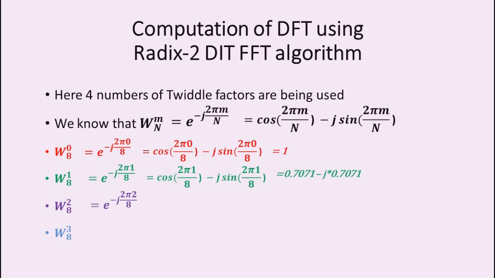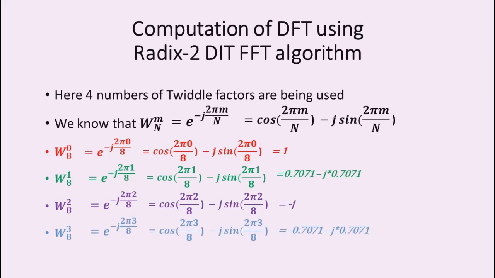So from this formula, W8 to the power 2 is equal to minus j and W8 to the power 3 is equal to minus 0.7071 minus j 0.7071.